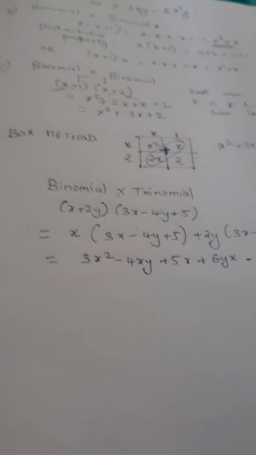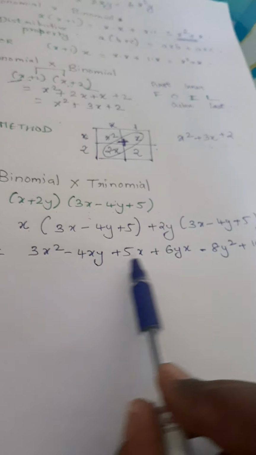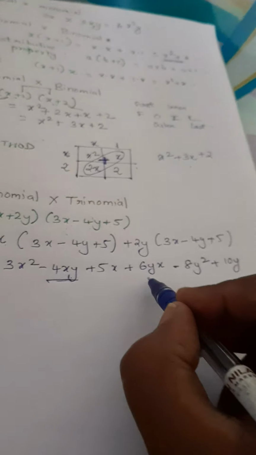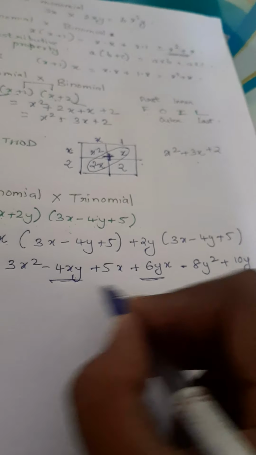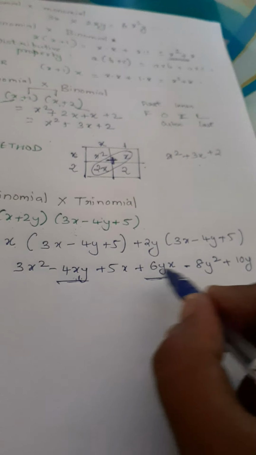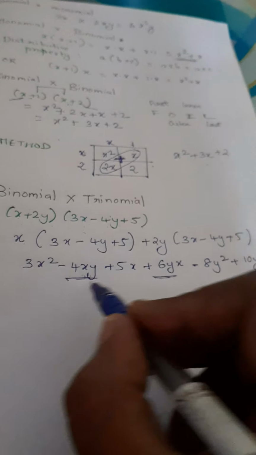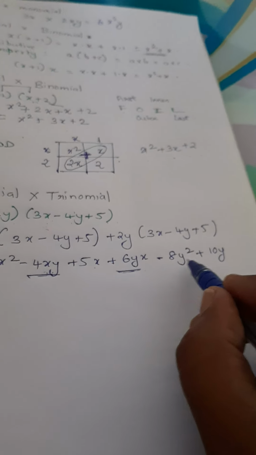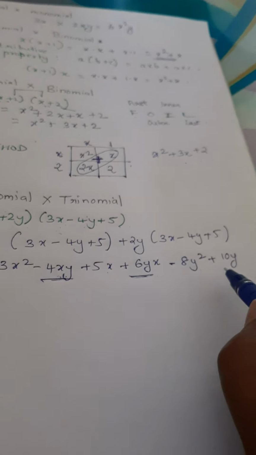Okay, so now which are the like terms? X square you don't have any like term. xy, yes, minus 4xy and plus 6yx, these both are like terms. The variables are swapped, xy and yx, but they still remain the same, so these two can be added. And 5x, 8y square and 10y, we don't have any like terms.